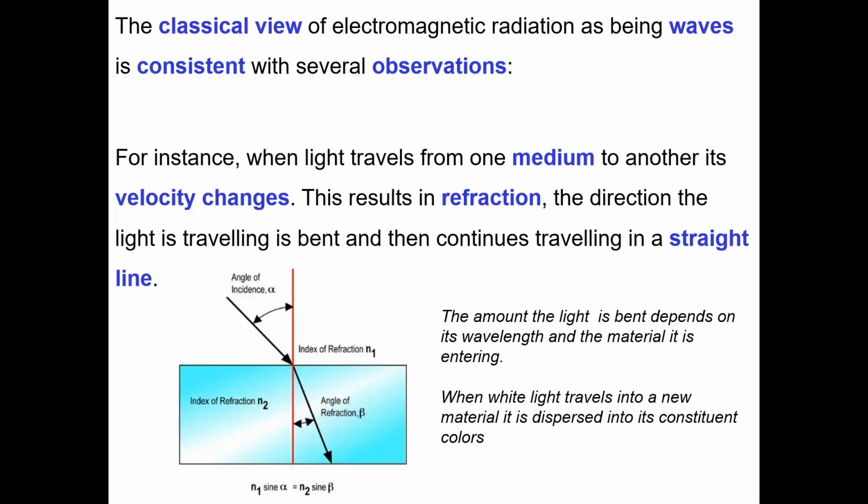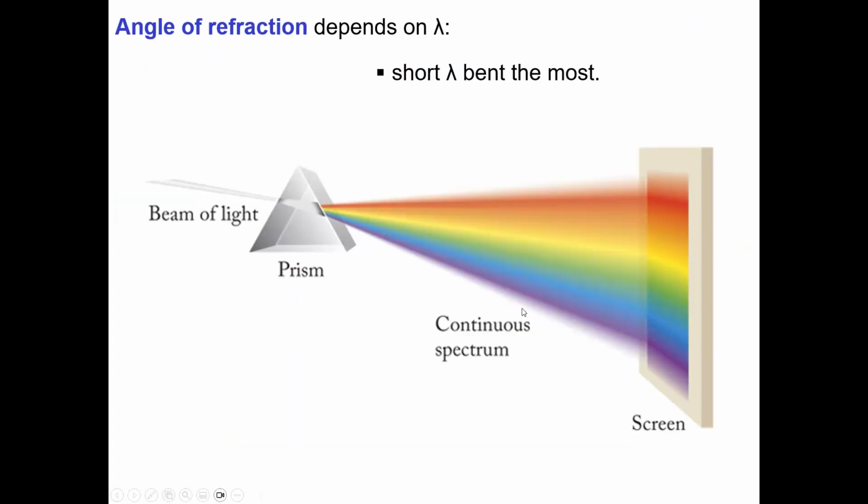What's interesting to observe though, is that the light comes in traveling in a straight line. After it is bent, it continues to travel in a straight line. So we use this in chemistry all the time in the form of a prism. So what happens in a prism is we send in a beam of white light that contains many colors.